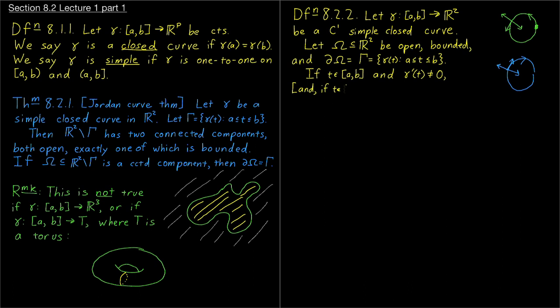So if it's one of the endpoints, we're going to require that the normal vector n of t, we're going to define it this way.